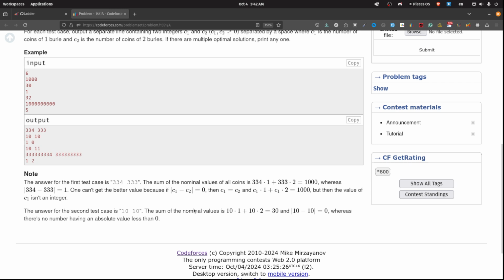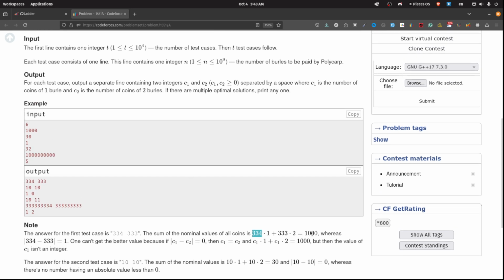Why do they take 334 and 333, values close to each other, and here also 10 and 10, those values are equal, c1 equal to c2? Why do they take 334 and 333 so that the resulting value equals n, meaning 1000?